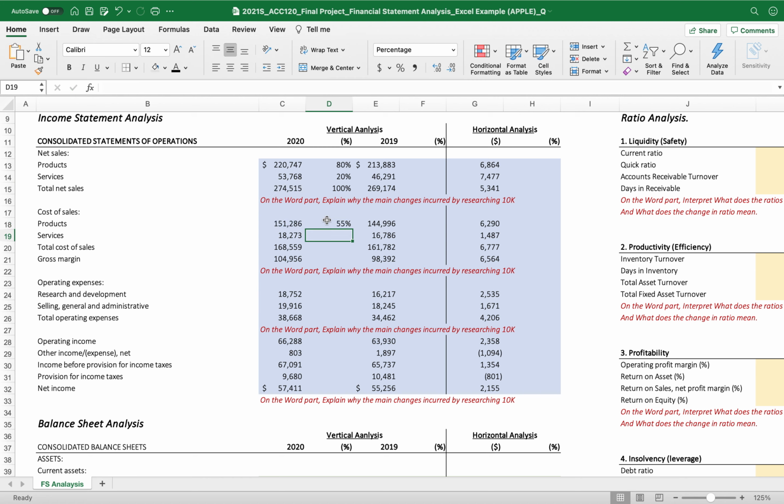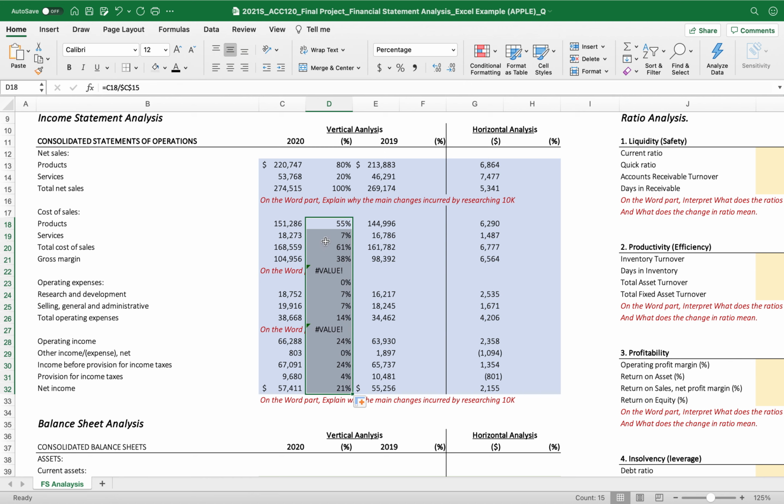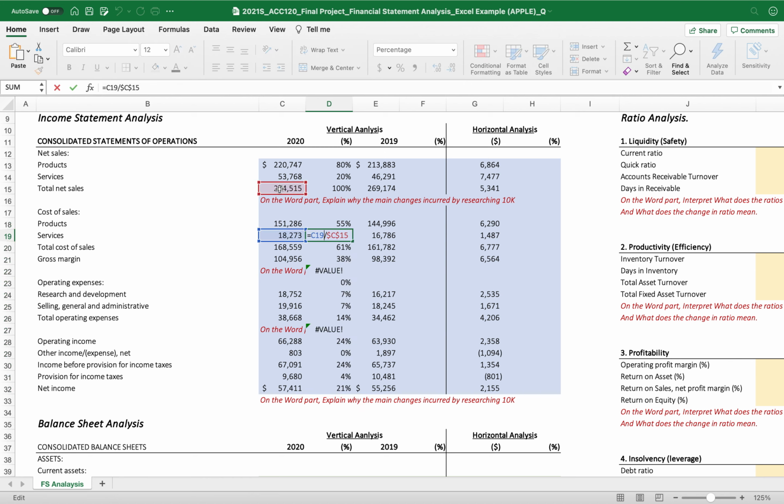I'm going to fix this total net sales as we practiced in class, so that when I drag this down, it doesn't change, right? We fixed this C15 cell, which is the total net sales. Because it is the base, when we measure each portion out of total sales, it's always fixed, right?